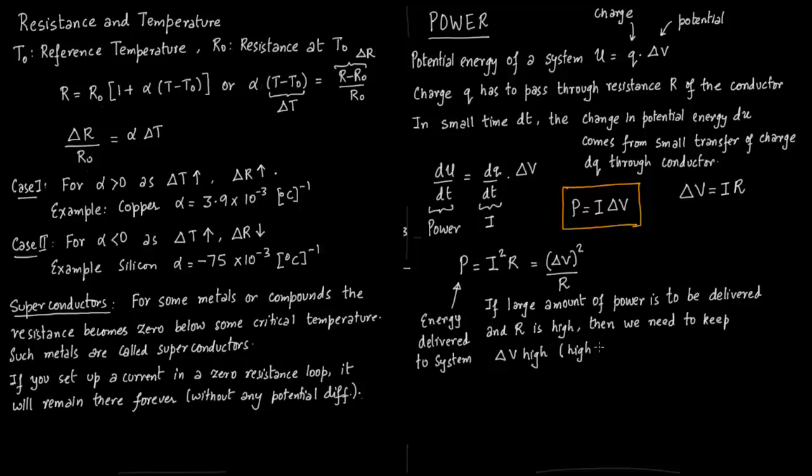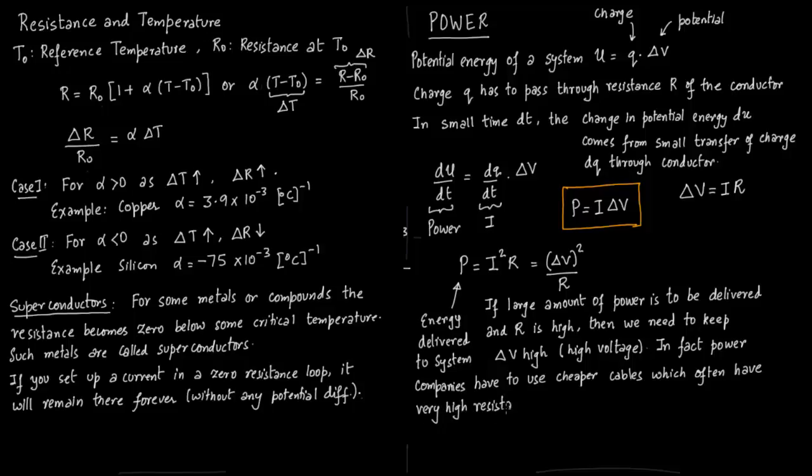Only in that case can we deliver a high amount of power. In fact, this is precisely what is done by power companies. They generally use cheap quality cables, often made of aluminum, which have high resistance. So in order to deliver a high amount of power, they deliver it at extremely high voltages, or extremely high potential difference. To deliver high power, they keep delta V very high.